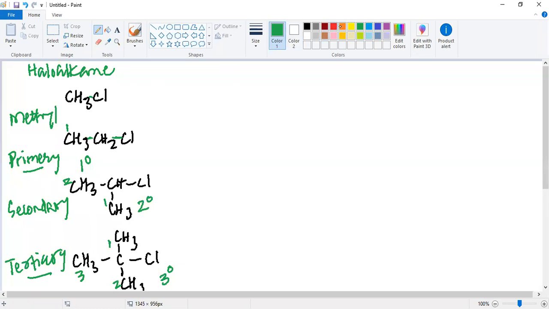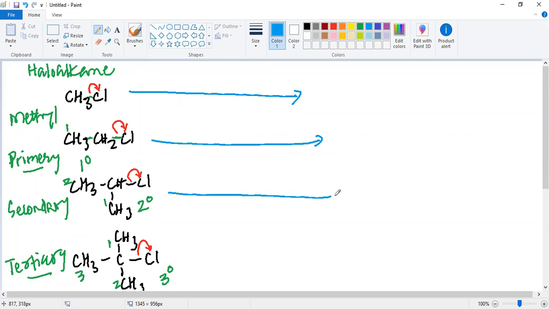Now what happens, dear students, is that when these bonds are broken, Cl being more electronegative, both the electrons go on Cl during the bond cleavage. So please pay attention, my dear students, that in all these cases there is a bond cleavage.